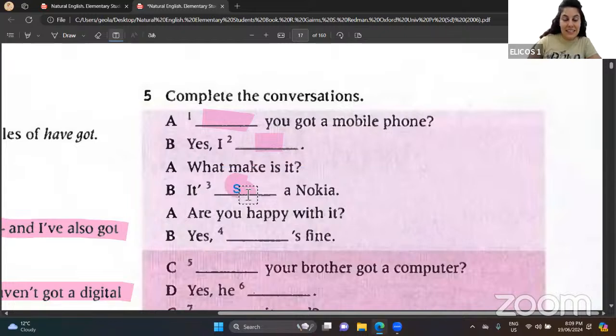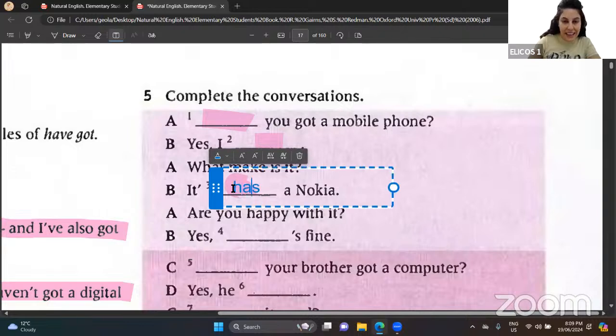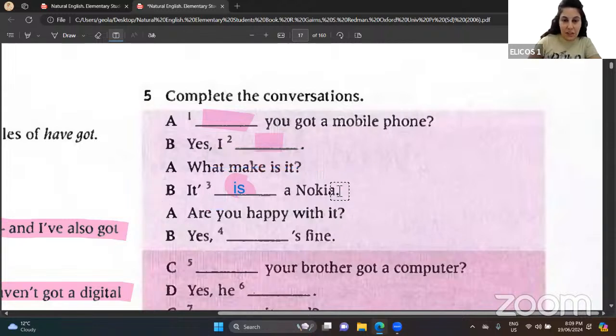So it has. I don't really like, I like to separate it. So it has, not it has, it is. It is a Nokia. Are you happy with that?